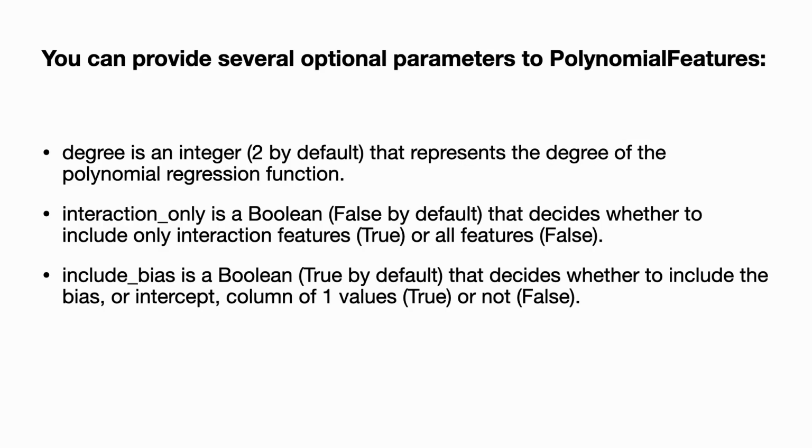You can provide several optional parameters to PolynomialFeatures. degree is an integer, 2 by default, that represents the degree of the polynomial regression function. interaction_only is a boolean, False by default, that decides whether to include only interaction features, True, or all features, False. include_bias is a boolean, True by default, that decides whether to include the bias, or intercept, column of 1 values, True, or not, False.